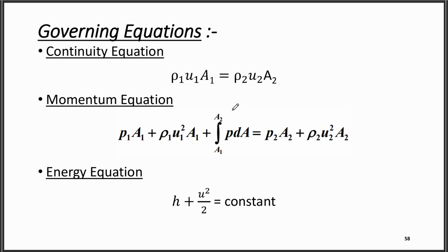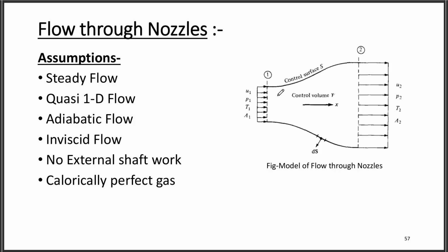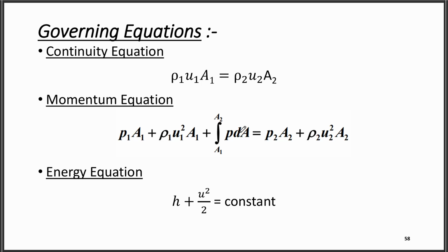If we take this control volume, we can get the governing equations, which can be written like this. The continuity equation is given by rho1 u1 A1 equal to rho2 u2 A2. The momentum equation is p1 A1 plus rho1 u1 square A1 plus the integral from A1 to A2 of p dA equals p2 A2 plus rho2 u2 square A2.